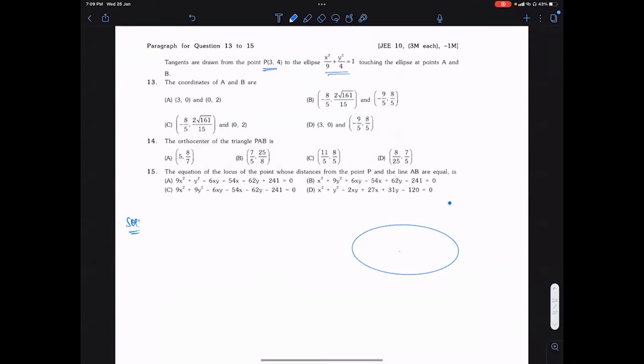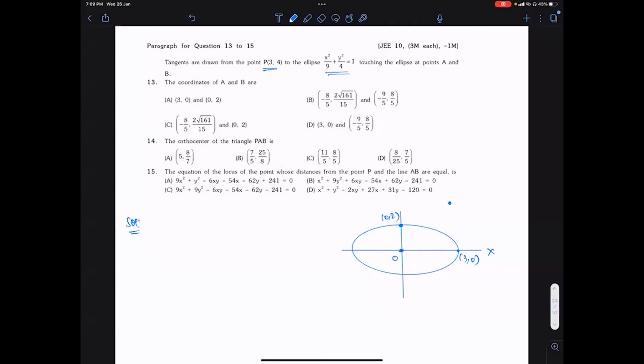So you can see that this ellipse, if this is the x-axis, this will be (3, 0). And if this is the y-axis, then this will be (0, 2). Because you can see, if you put y equal to 0, x we are getting plus or minus 3. x equal to 0, y will be plus or minus 2.